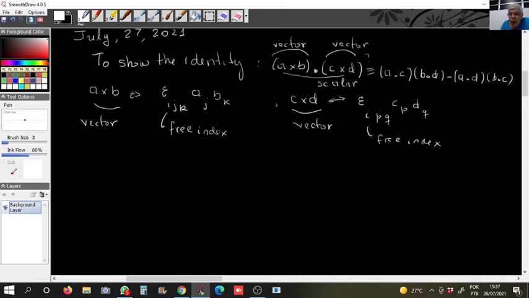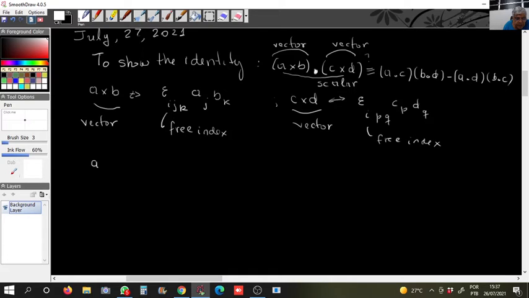Now, why did I put I over here and I over here? I could put another letter, a different letter, but because it is a scalar product, I will use the same free index when I use both. You see, look here, see how interesting it is.